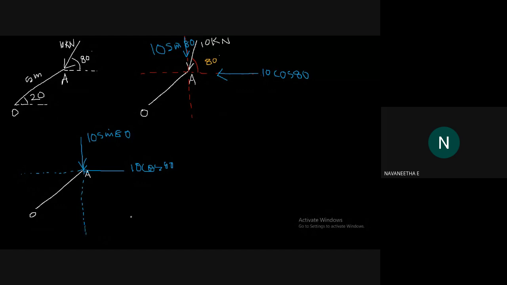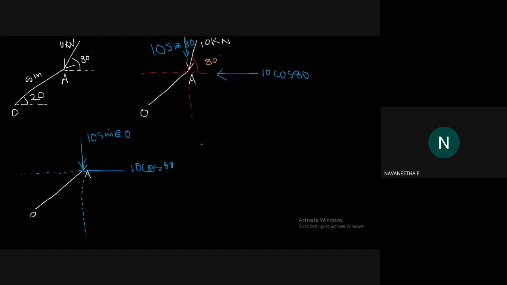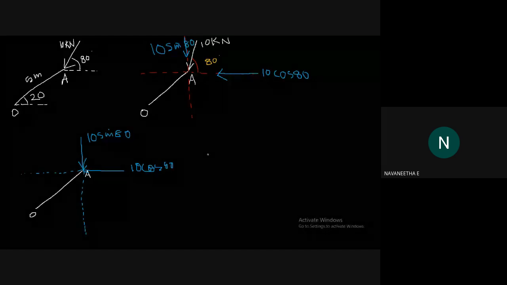So next I need to find out the moment about O. Moment about O is equal to what? We need to find out the moment of the two components separately.